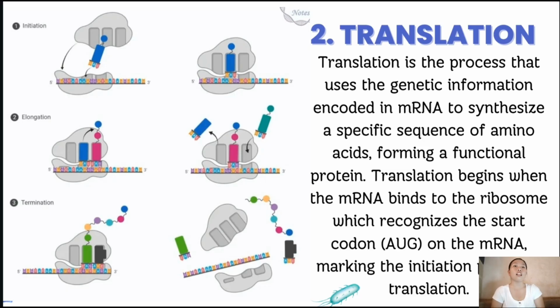So kapag narating na nila yung stop signal, basically titigil na yung process ng translation. That is the process for translation, and in this part of the process, makakabuo na sila ng proteins that are responsible for all of the information in our body.